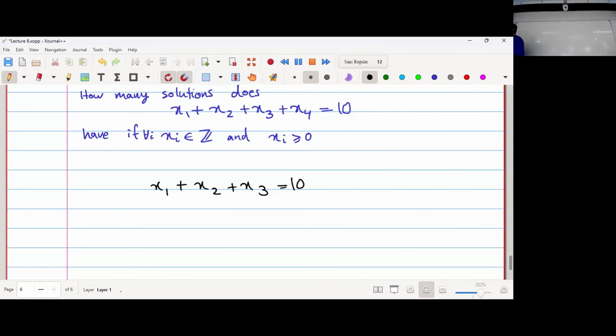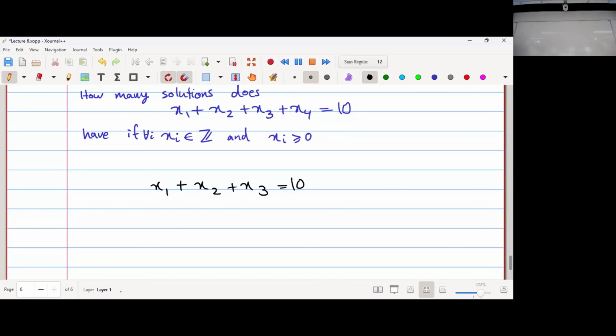You see, suddenly it becomes much harder to do the casework. Because now I have to do a casework on x1, and then inside that, I have to do another casework on x2. And basically, we're getting to a point where I'm just writing down all the solutions and counting them one by one, which is too hard, right?